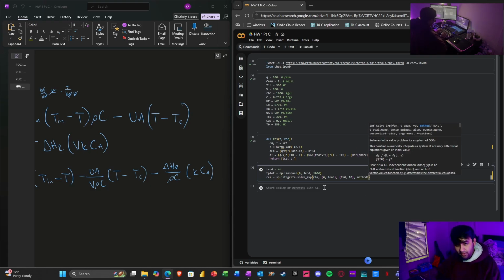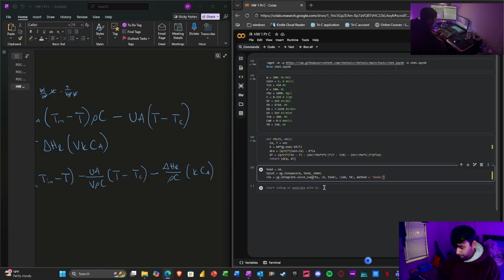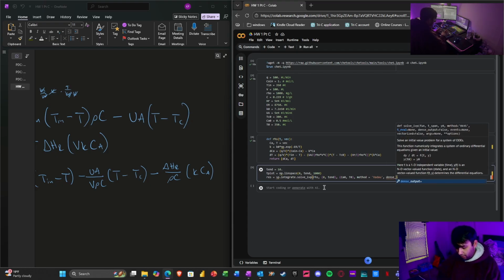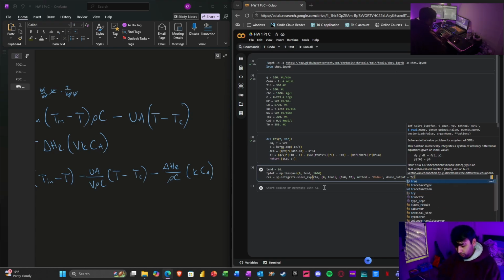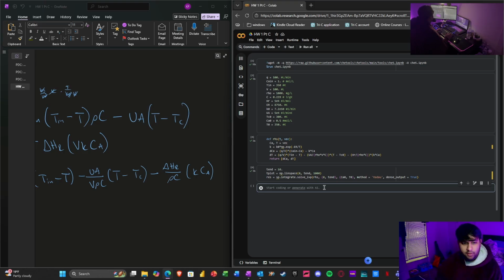And our method is, as usual, RK45. And then our dense output will always be true. And yes, that works perfect. And that's pretty much about it for the solving portion of it.